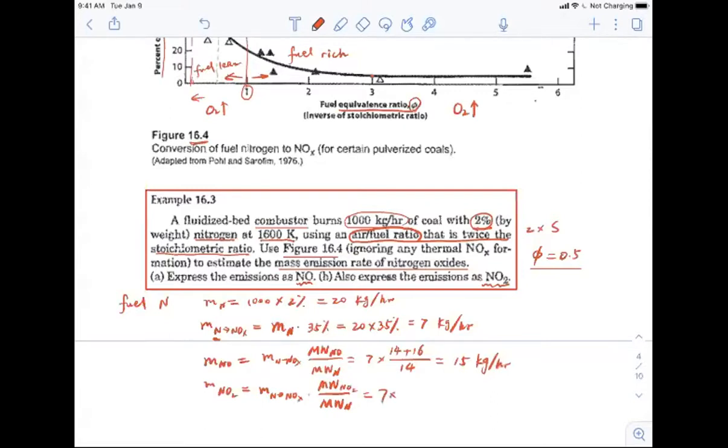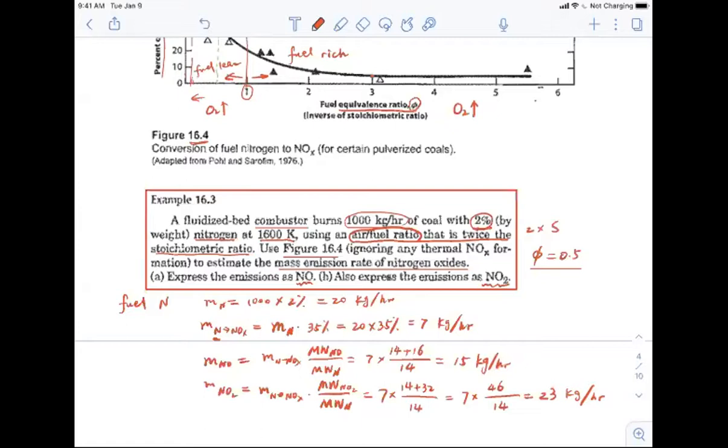That's going to be 7 divided by 14, multiplied by 14 plus 32, which is 23 kilograms per hour. Okay, so this is how we can use this curve to find the emission rate of NOx. This is specifically about the fuel NOx. So any questions until now?